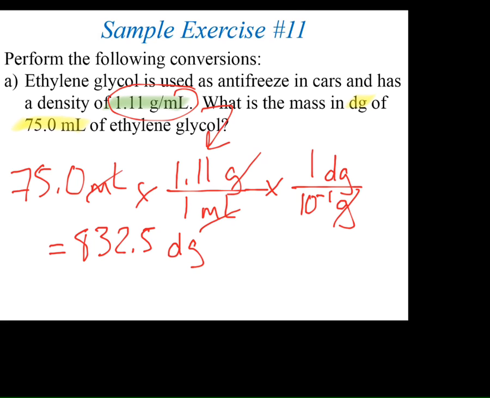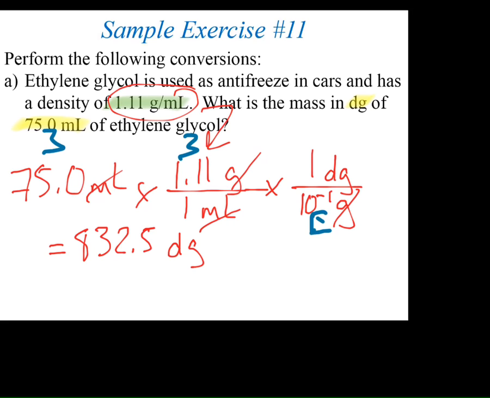Okay. How many sig figs should the answer have? How many? 3. Why 3? How many are in 75.0? 3. How many are in 1.11? 3. How many are in 10 to the -1? Exact.